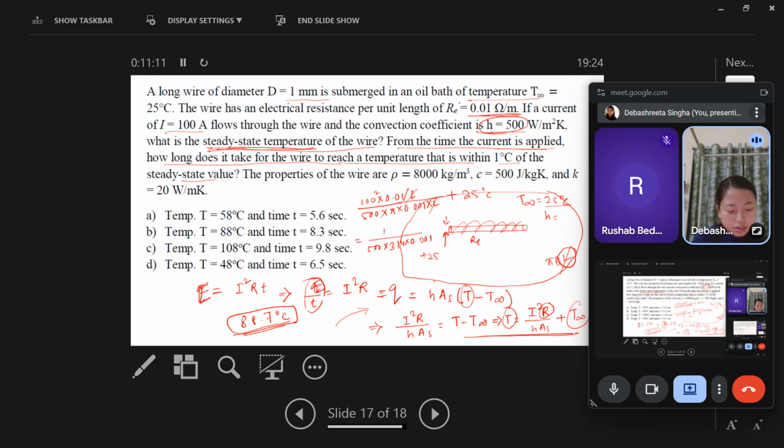How do you get the accumulation? Accumulation is the mCvdT term, CpdT term, that is the energy accumulated.